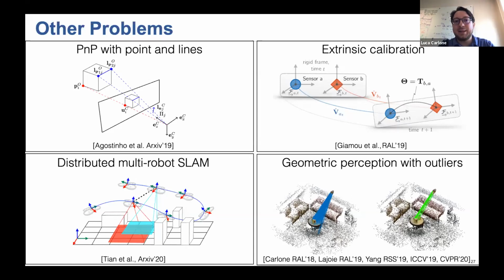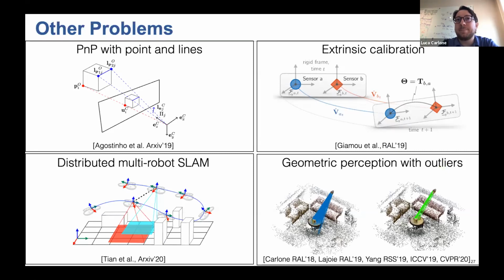There are many relaxations without outliers, but the truth is that in practice, you always have outliers. So I think that right now, one of the most promising research areas is to repeat the success of these problems, point and line PnP, extrinsic calibration, distributed multi-robot SLAM in the presence of outliers, okay?